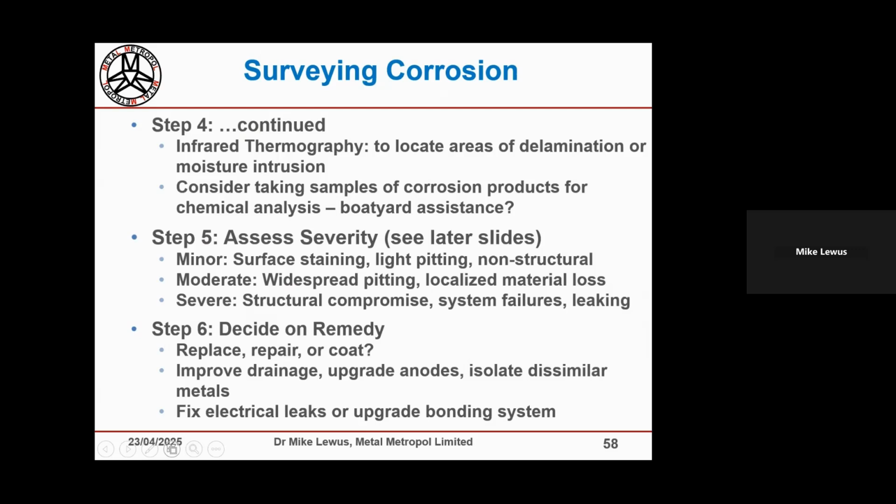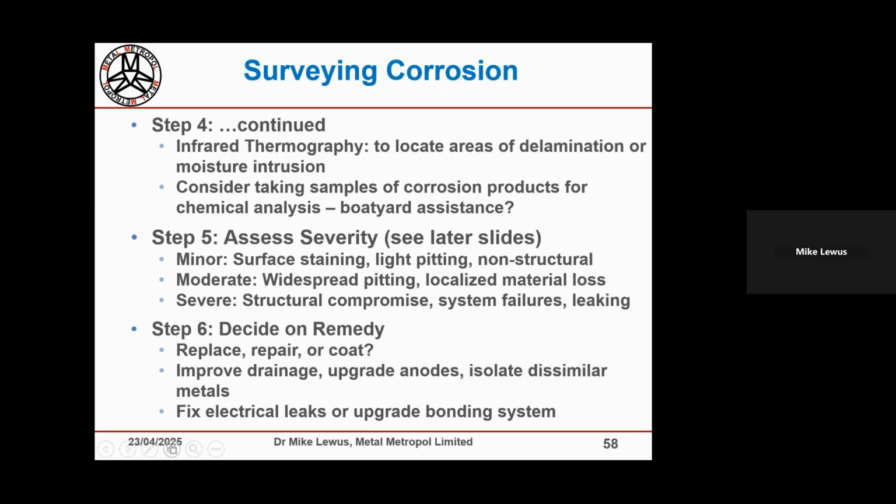If it's moderate or the corrosion's more widespread, well, that might demand more immediate maintenance, whether it's painting or replacing parts. If it's severe, and particularly if it's critical parts that are being compromised, well, then you have to do something immediately. And the natural thing that comes from that, obviously, is what do we do next?